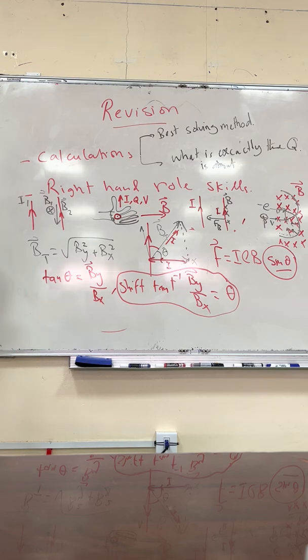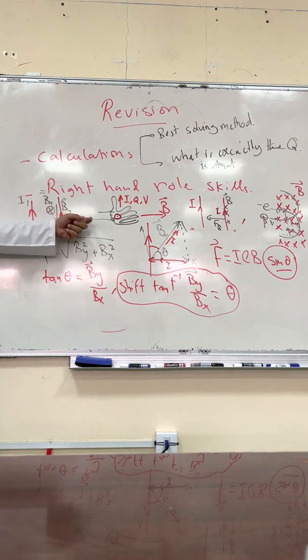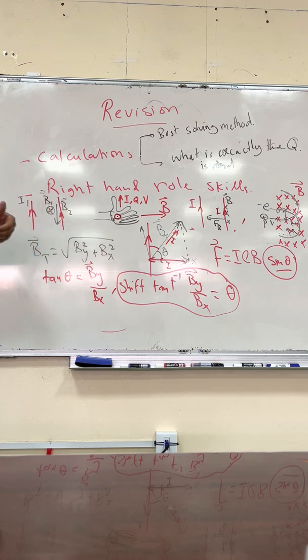Okay, so generally now we just highlighted certain issues in the physics 2 course, and as you can see I just focused on skills, because skills can introduce to you, like the right hand rule, they can bring to you the right formula, and also they can help you to find the angles that you need, and then you can make your own calculations very correctly.